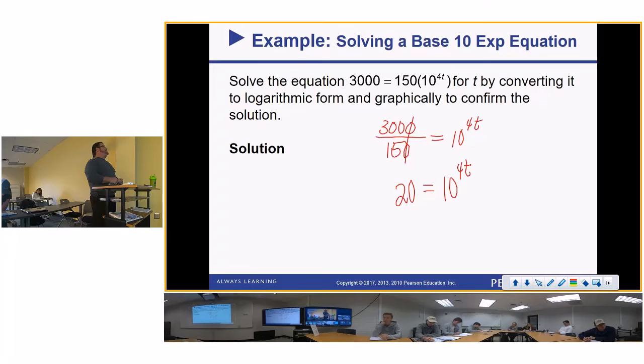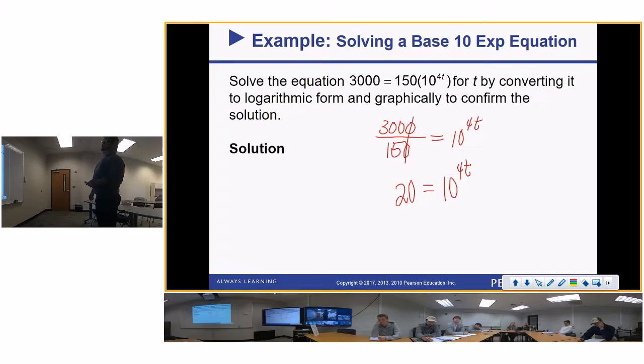When you have an exponential equation, you're going to have to use logarithms. Unless you can make the 20 into a base of 10, which I think you can. Let's see. No, because 20 to the 1/2 power is not 10, so you can't do that. You're going to have to use logarithms.